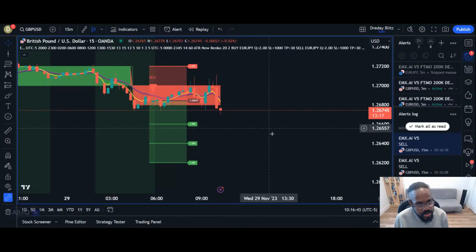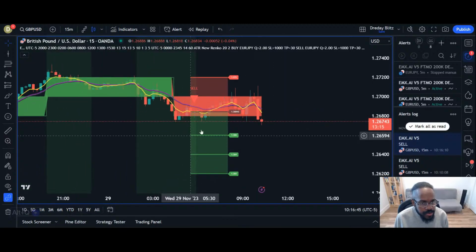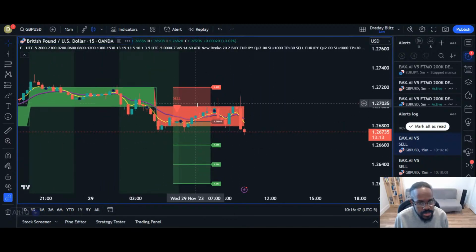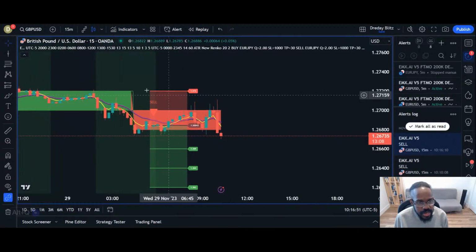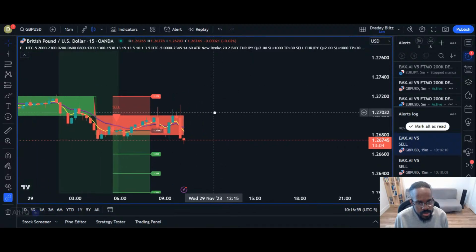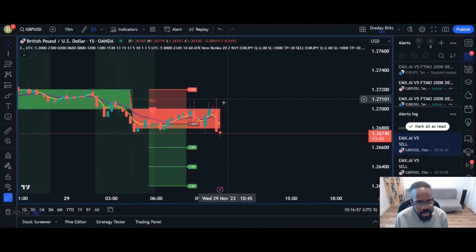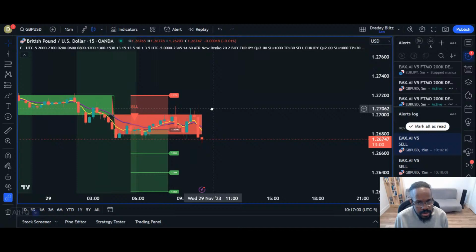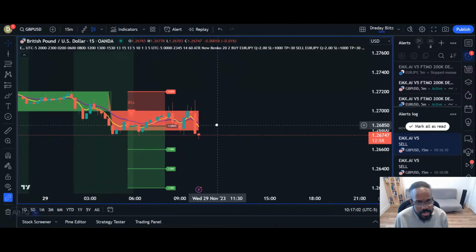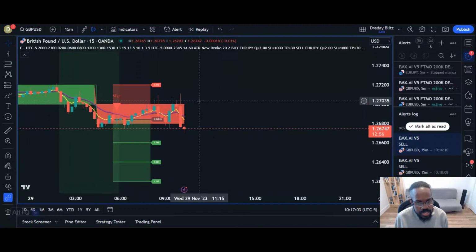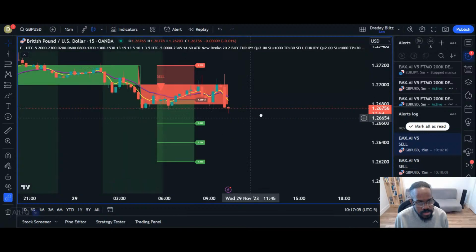It's starting to push down. If you were in that sell here, you'll still be in that trade because it never went to your stop loss, and it never gave you an indication that we're reversing and going back up. You never received a notification saying that we're looking to switch green, or that the Renko bars are changing colors.